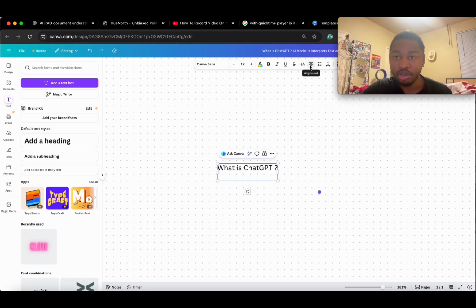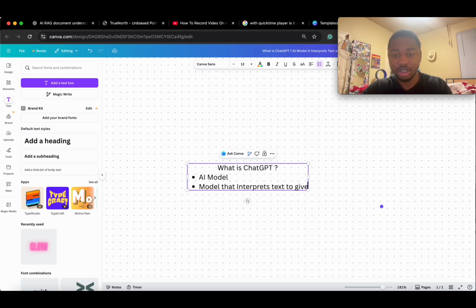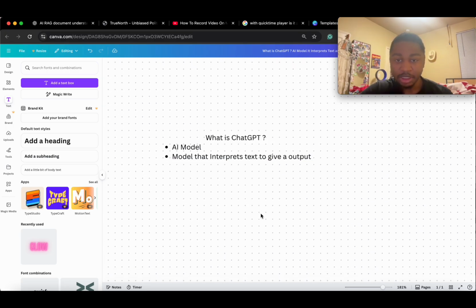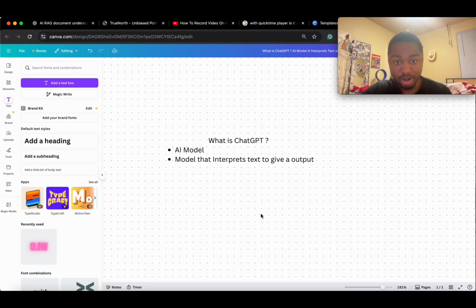It's kind of an overloaded question, but ChatGPT is an AI model, and it's a model that interprets text to give an output, right? And this output is also text, right?